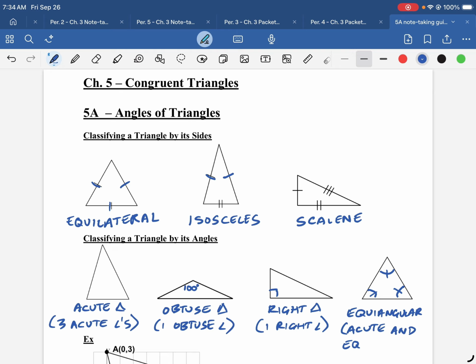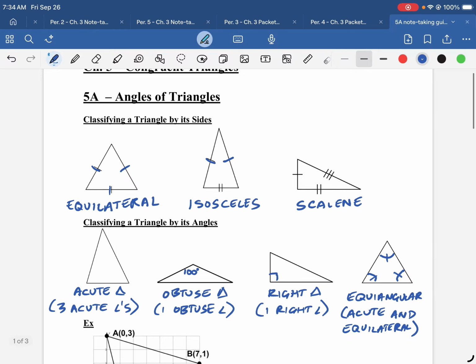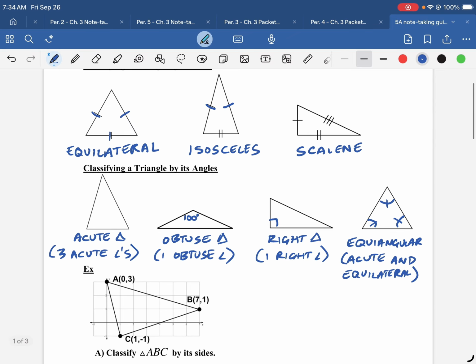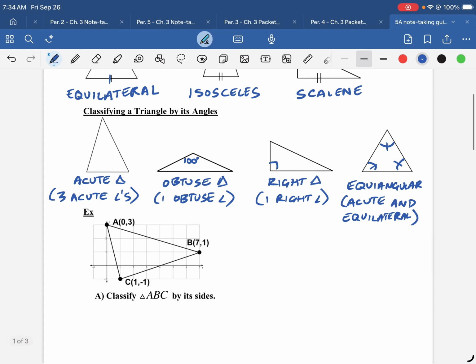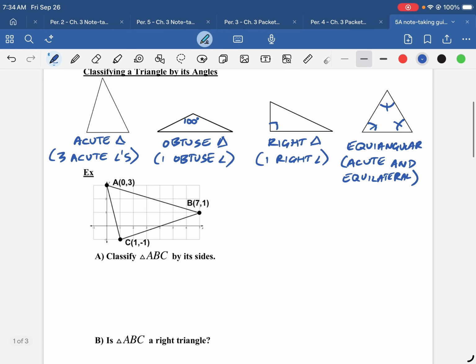That always works out that way too. So every equiangular triangle is also an acute triangle and an equilateral triangle. There are different ways that you can classify these. Any triangle you can classify by sides and angles, and equiangular ones you could classify as equiangular and acute, so 2 different ways to classify that just by angles as well.